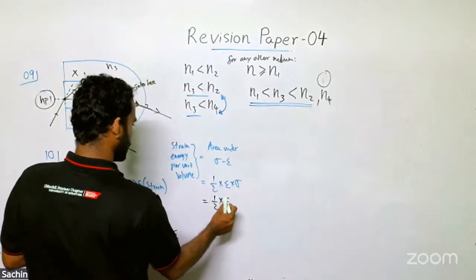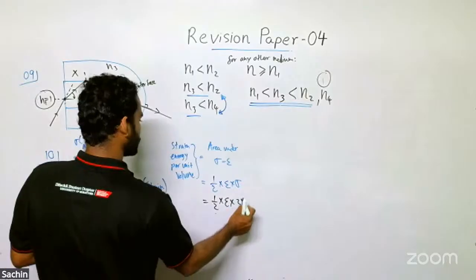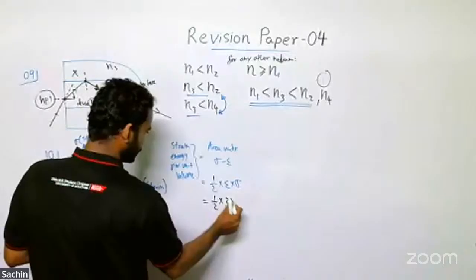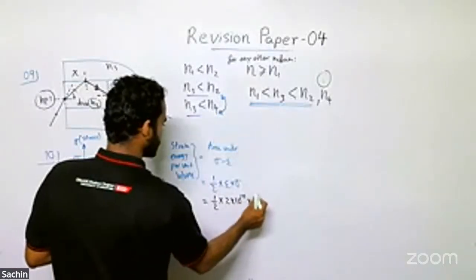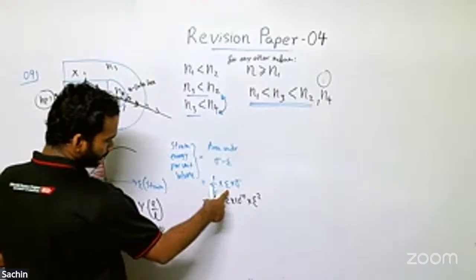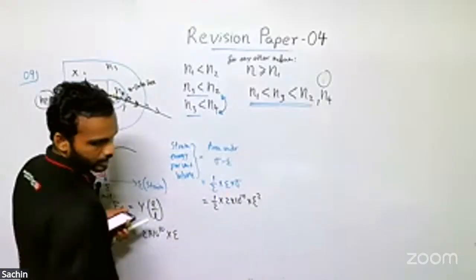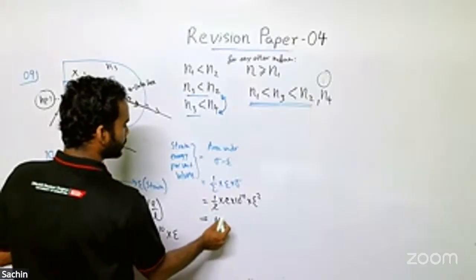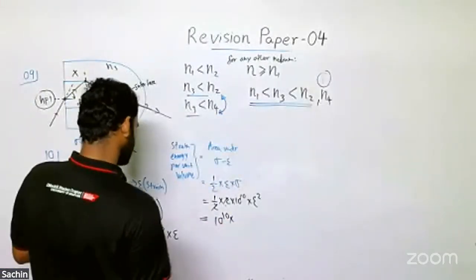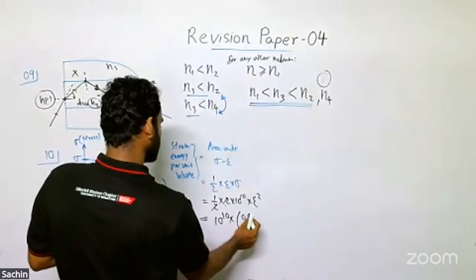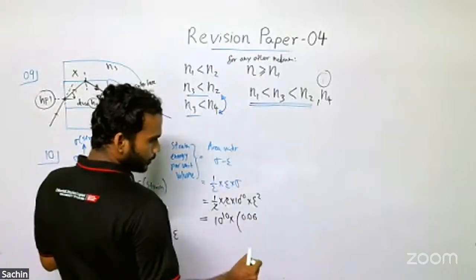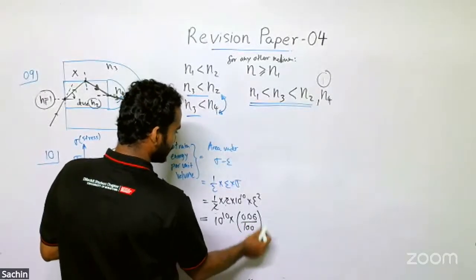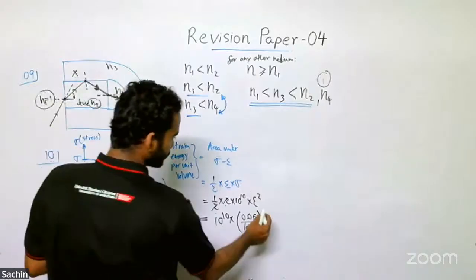I'm just applying that here. Half into epsilon into 2 × 10^10 into epsilon, so half into 2 × 10^10 into epsilon square. The 2 gets cancelled, leaving 10^10 into epsilon square. Epsilon is 0.06%, so you have to convert this percentage into a fraction by dividing by 100.